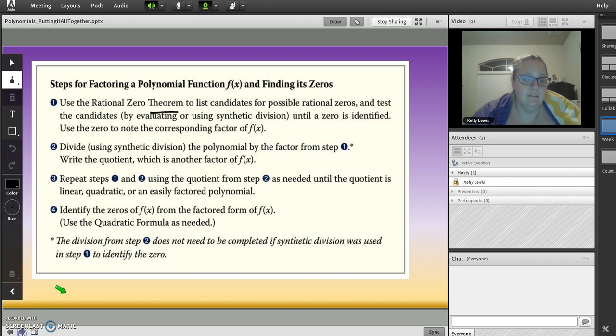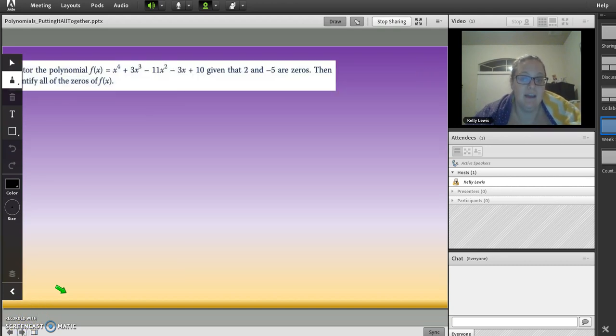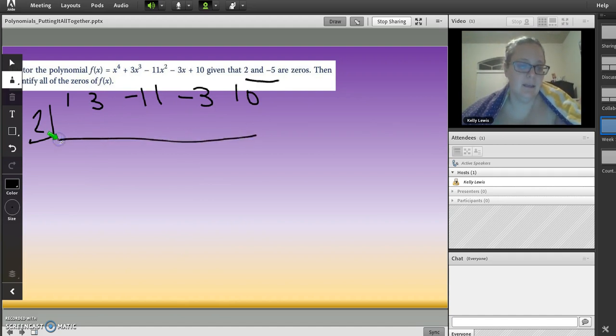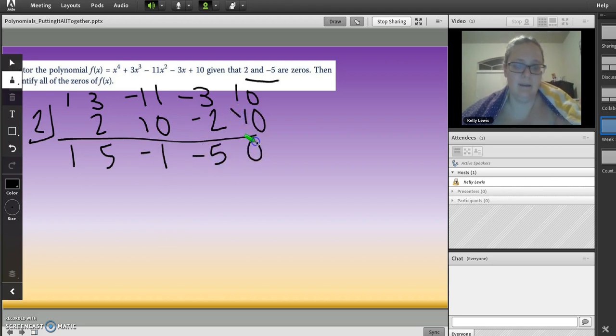All right, so we have this guy, and we're super lucky because they tell us 2 is a zero. And so what I'm going to do is take that number 2, and I have 1, 3, negative 11, negative... multiply, add, multiply, add, multiply, add, multiply, add.